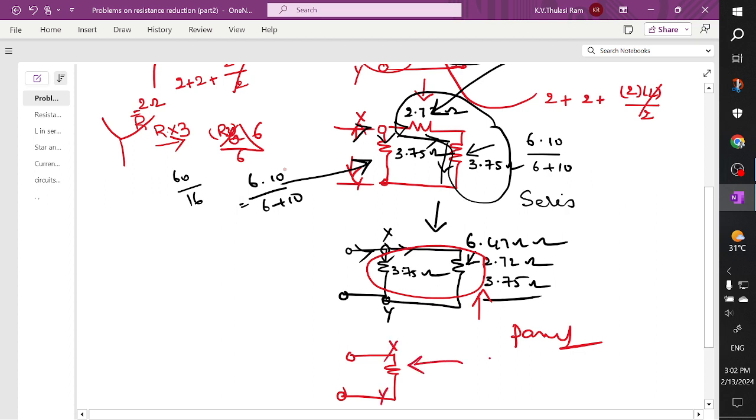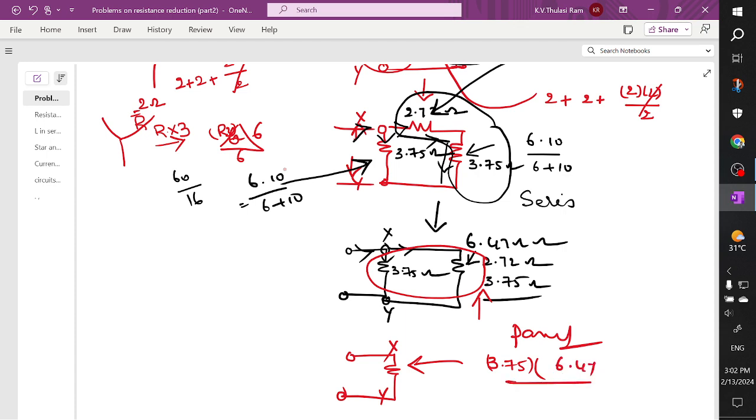Product of resistance, 3.75 multiplied with 6.47 divided by 3.75 plus 6.47. If you perform it, you are going to get this value as 2.374 ohms. So this is the resistor between R, X, Y.